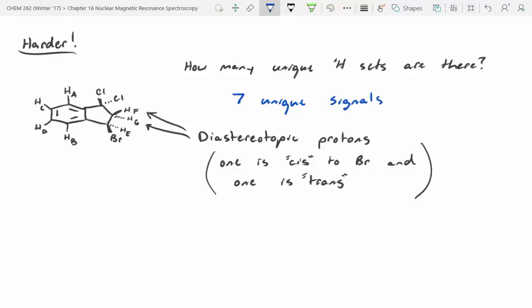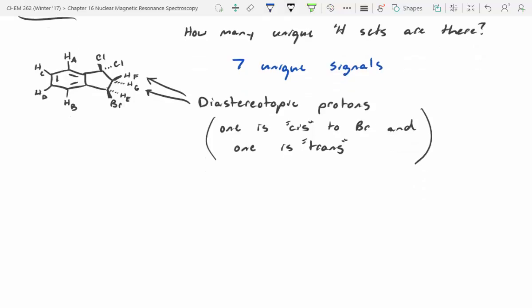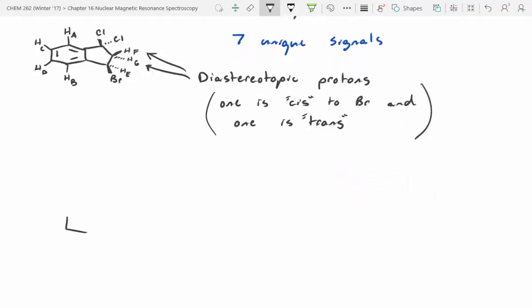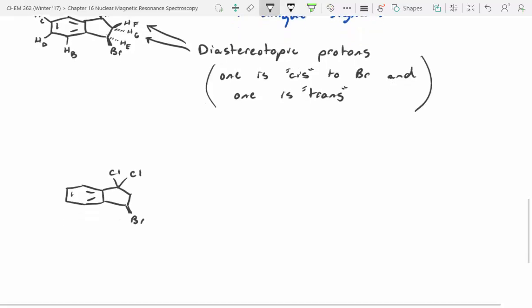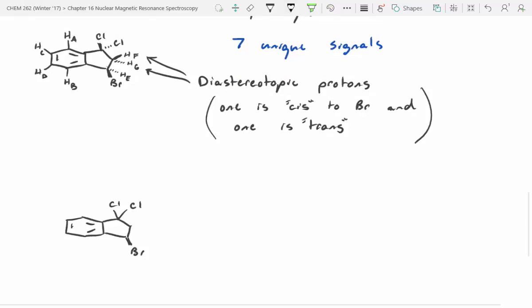So I'll show you guys an easy trick for identifying diastereotopic protons. And I'm going to draw these out twice. When you are wondering if a pair is diastereotopic, change one of them to a deuterium atom. So for this example, I'm going to change this one to a deuterium atom and this one to a hydrogen.